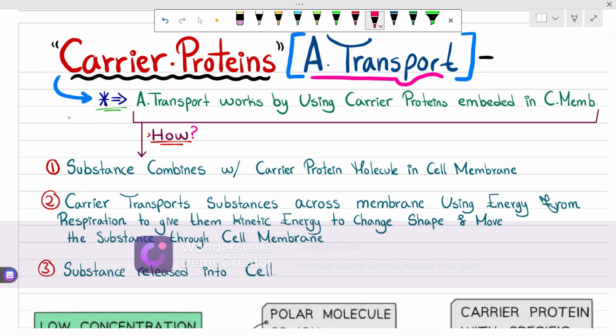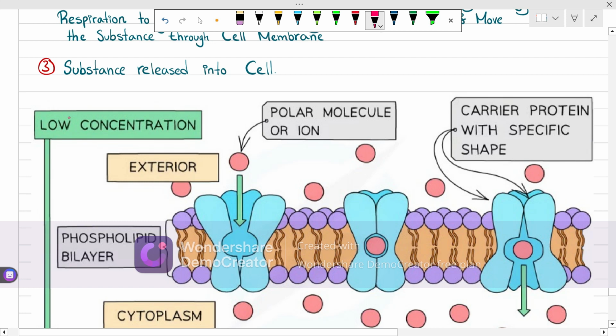Carrier proteins in active transport. Active transport works by using carrier proteins embedded in the cell membrane. How does it work? First, the substance combines with a carrier protein molecule in the cell membrane. Then the carrier transports the substance across the membrane, using energy from respiration to give it kinetic energy to change shape and move the substance through the cell membrane. Then the substance is released into the cell.